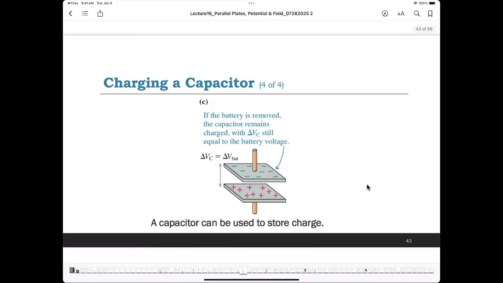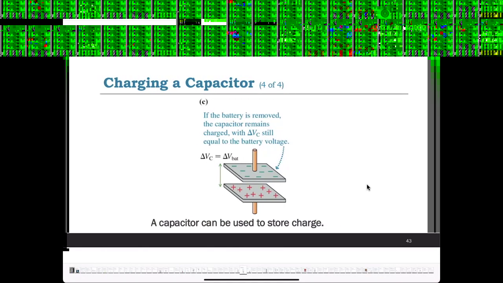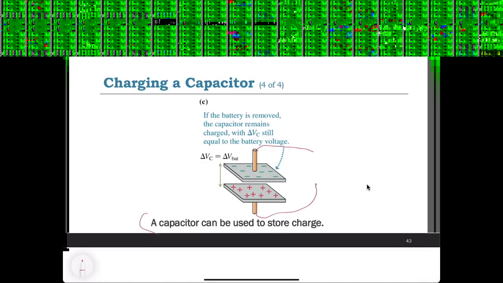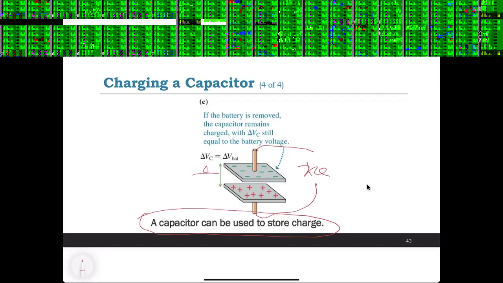After you remove the battery, if you don't connect anything to it, it just stores this charge and keeps this situation for a long time. So a capacitor can be used to store charge. Does it make sense to you? After you remove the battery, the potential difference remains; it remains charged.